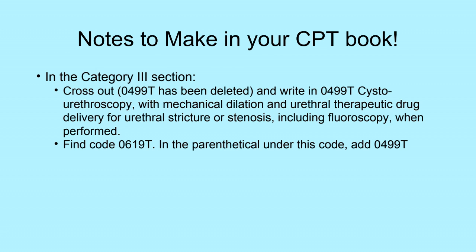In category 3, cross out 0499T, which has been deleted, and write in the code again because it has not been deleted, it's been reinstated. 0499T, cystourethroscopy with mechanical dilation and so forth. And then find code, also in category 3, 0619T. In the parenthetical under this code, add 0499T.